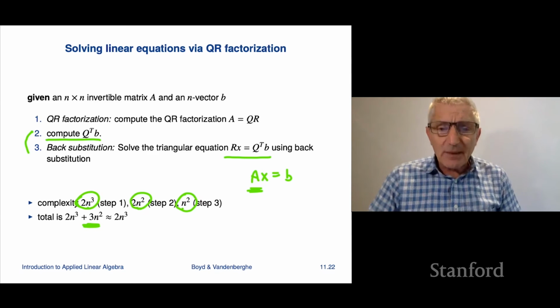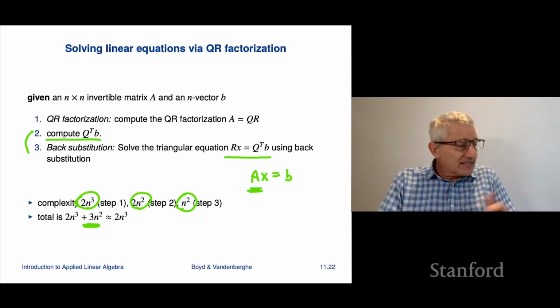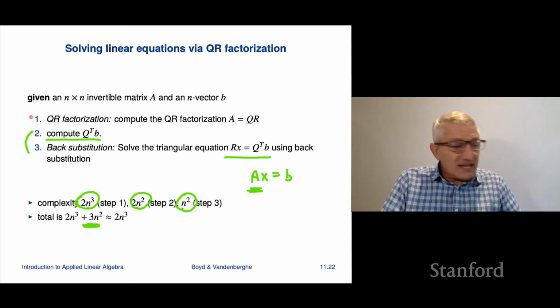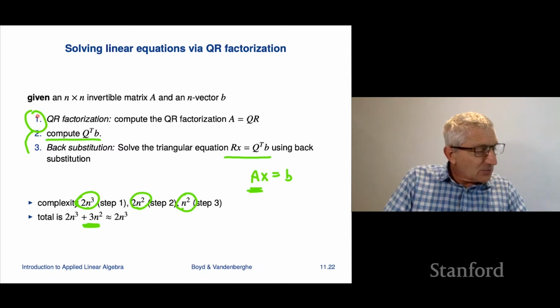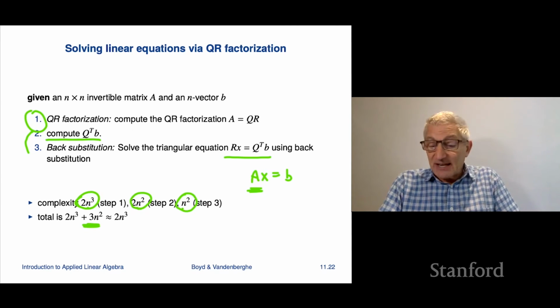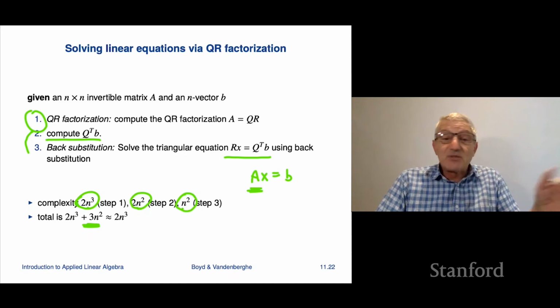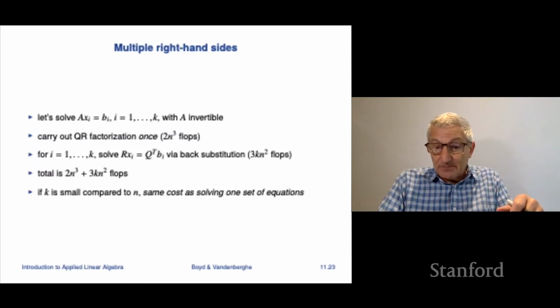The next thing we're going to talk about is solving multiple sets of linear equations. It's going to come back to this idea that of the 3 steps required to solve Ax equals b, it's only the QR factorization of the coefficient matrix that actually costs anything. The others cost something in terms of flops, but they're negligible compared to the first step.